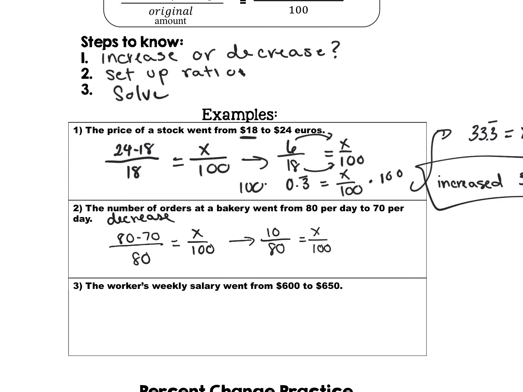Now, I'm going to do it the same way. 10 divided by 80 gives us 0.125. I'm going to multiply that by 100, which leaves us with x. So 0.125 multiplied by 100 leaves us with 12.5% decrease.